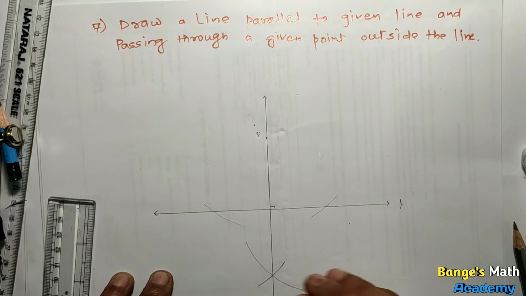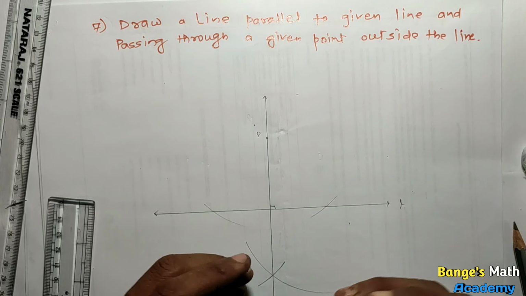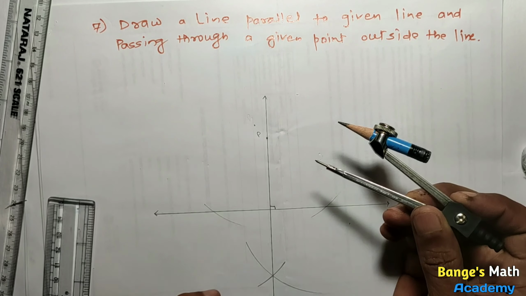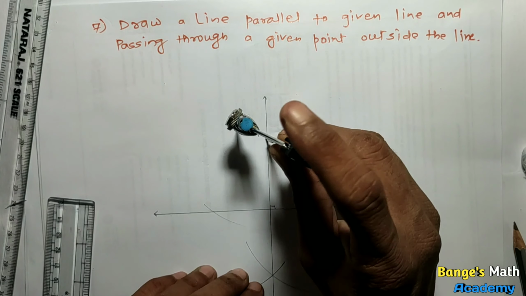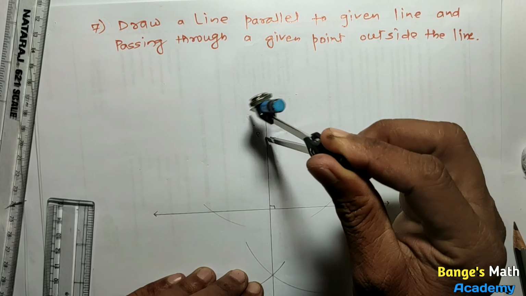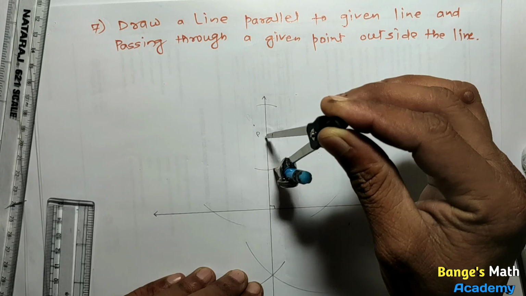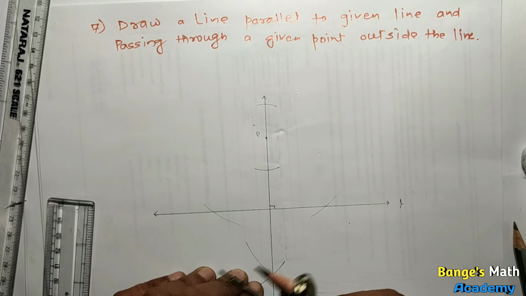Then see, we have to draw a line passing through P which is parallel to line L. Take suitable distance in your compass, put still point on point P and draw arcs to the upper side of point P and to the lower side of point P which intersect this line at 2 points.